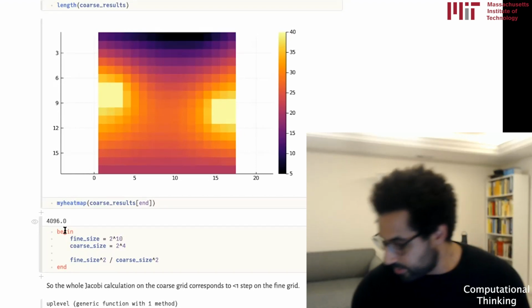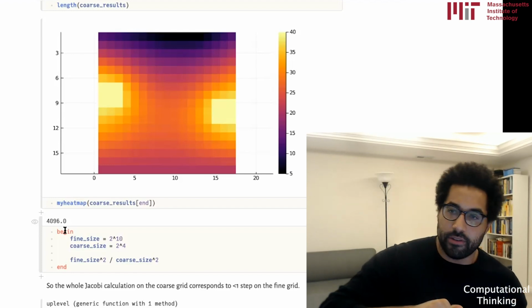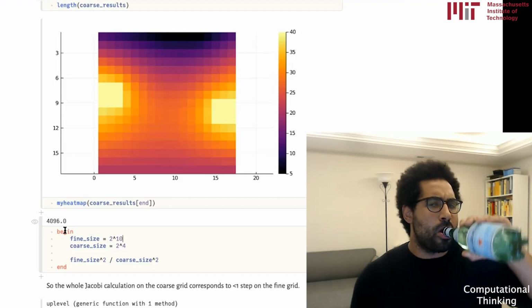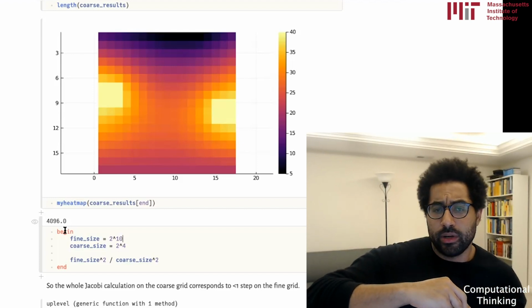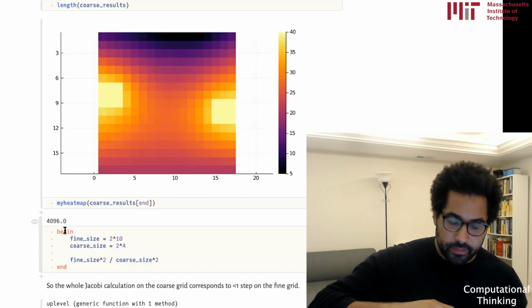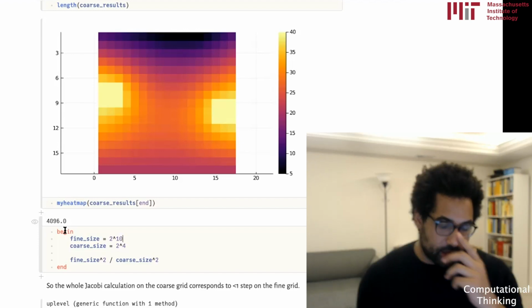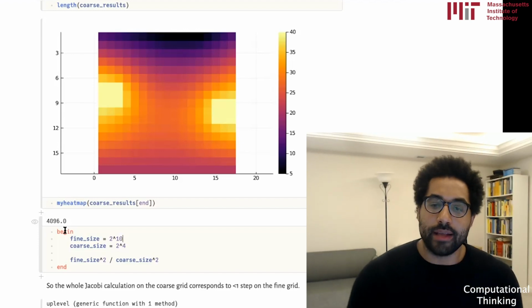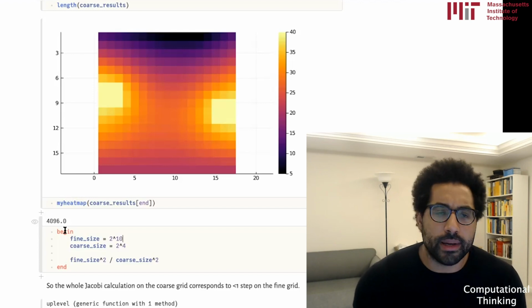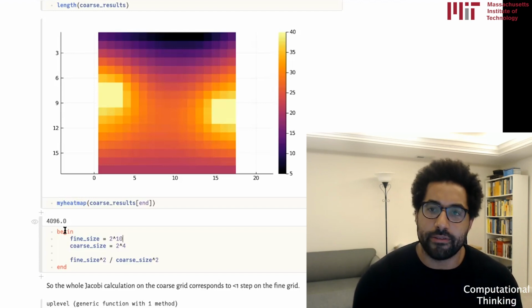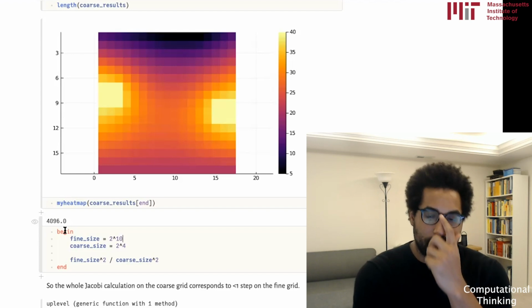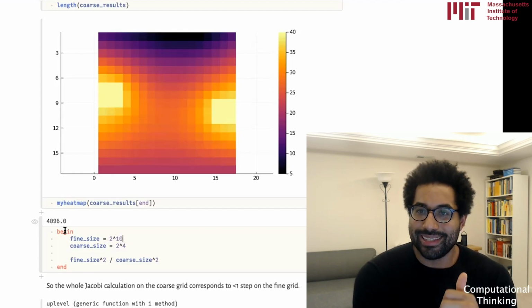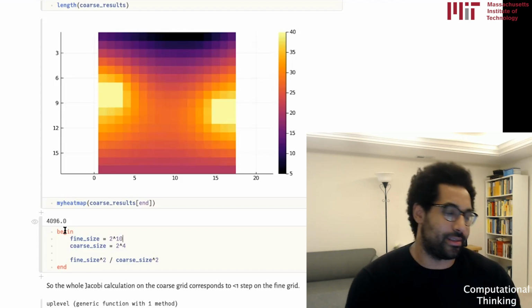So we solve 16 by 16, then map it to a grid that's 32 by 32 and use Jacobi to approximately solve this. Then we map that solution to a grid that's 64 by 64 and approximately solve this. We keep going until we get to our grid of 1,024 by 1,024. And what we'll see is that it's going to cost much less.